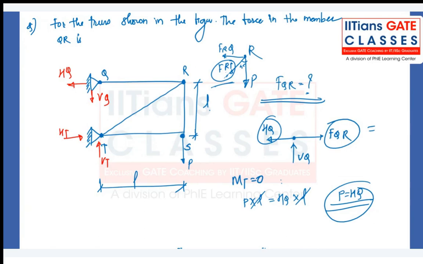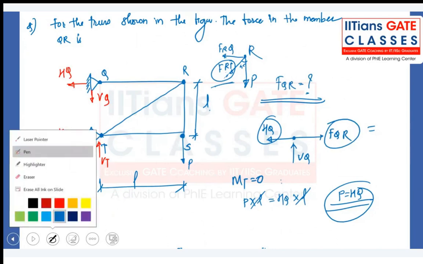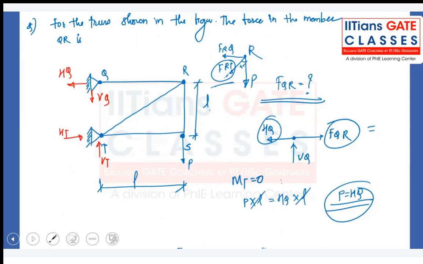Ranjan, I'll explain the last part once again. Listen carefully. I hope you understood till this part, that HQ is equal to FQR. So you are supposed to find HQ.